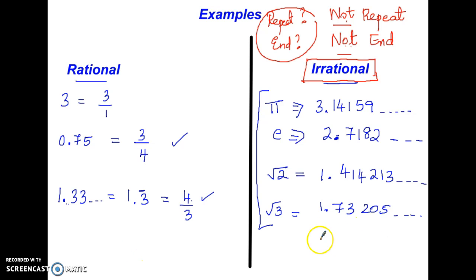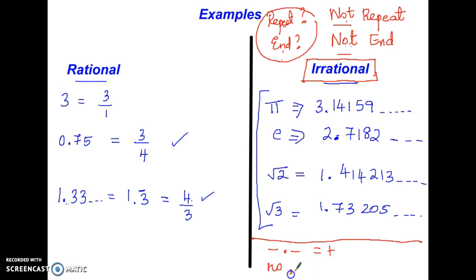So I just want to give you a quick trick on how to remember this. We've all learned that two negatives make a positive. That's something that's always in our head. We know that two negatives, when you multiply, you get a positive. Connect that to this. Sometimes it'll help to remember. Two negative answers to both these questions gives you an irrational.